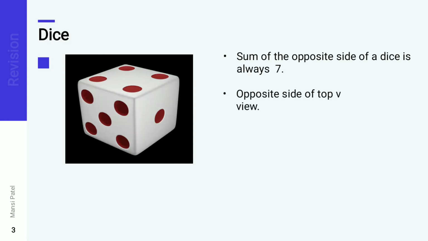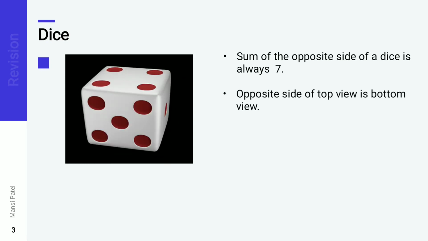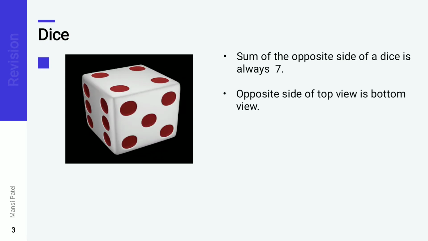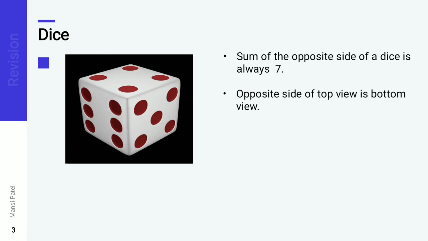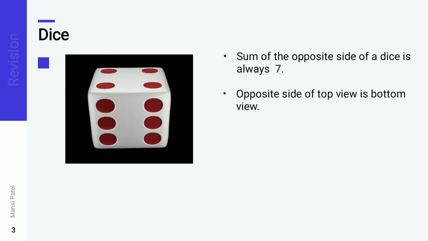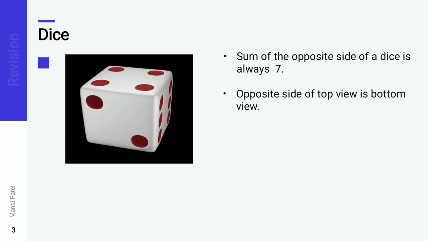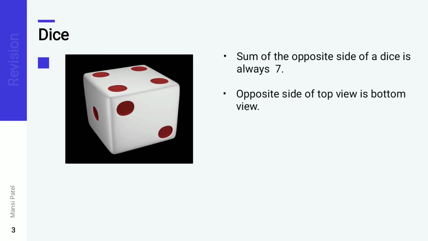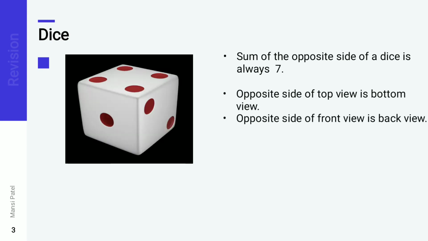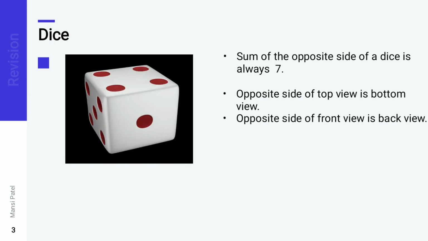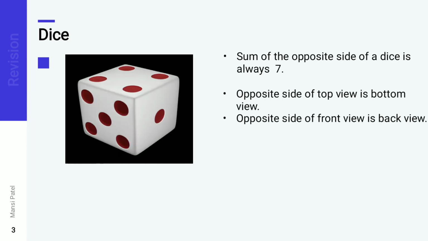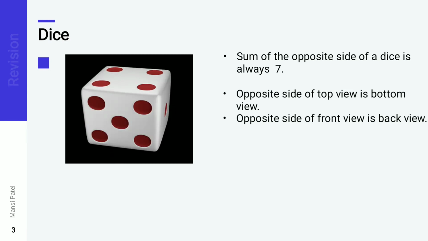Now the question arises in your mind: what is the opposite side? So what is the opposite side of the top view? That is the bottom. Then the opposite side of the front view is the back view.